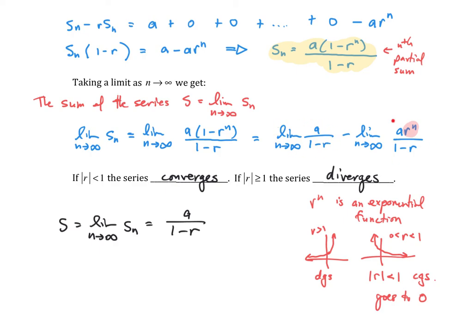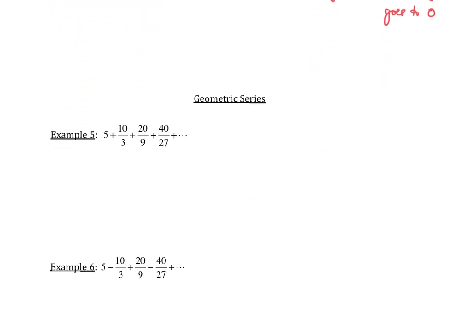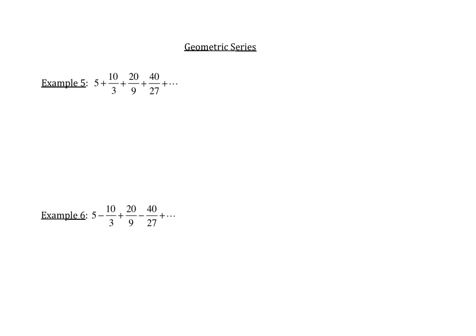Because this second piece is either going to go to 0 or it's going to diverge and explode to infinity. So really, this shows that we know how to find the sum of a geometric series. So let's take a look at an example, example 5 over here.